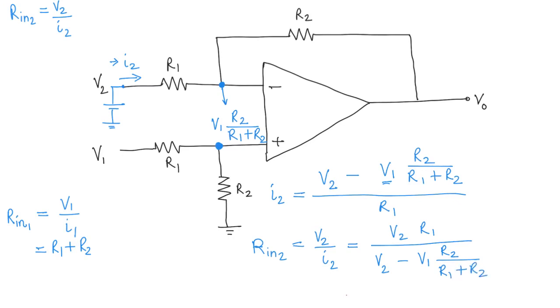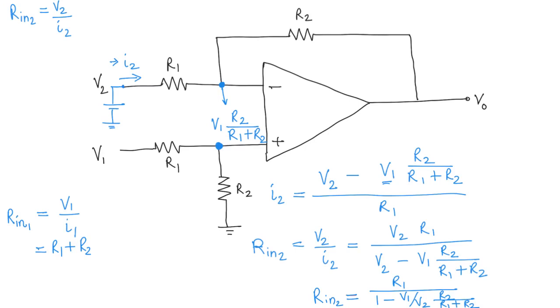If we then divide the numerator and the denominator by V2, we get R1 at the numerator, and in the denominator we get 1 minus V1 over V2 times R2 over R1 plus R2. That is R in 2. You can see that R in 2 depends on the ratio of V1 and V2.